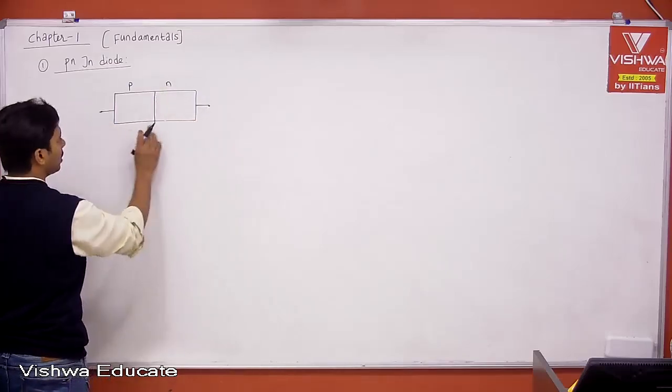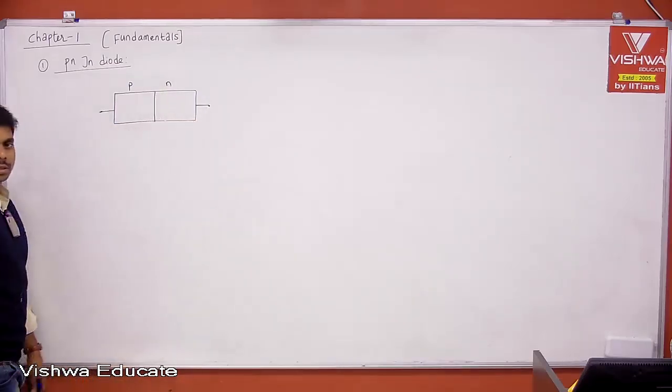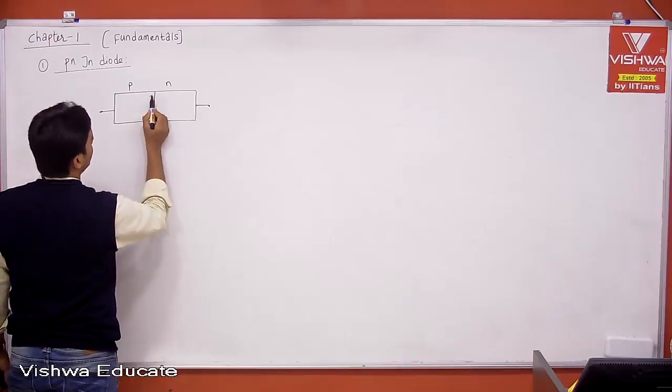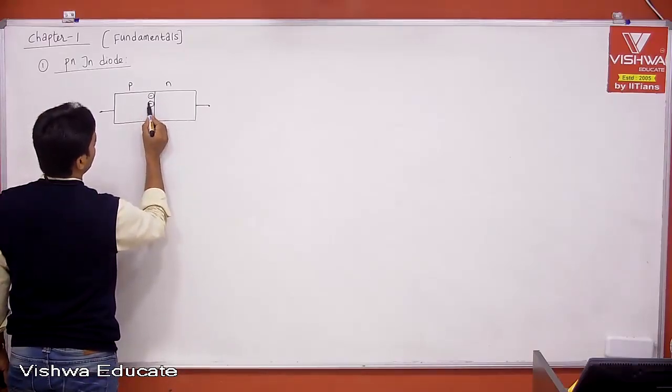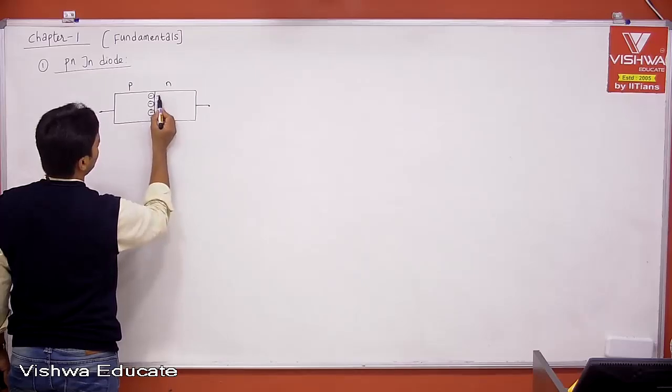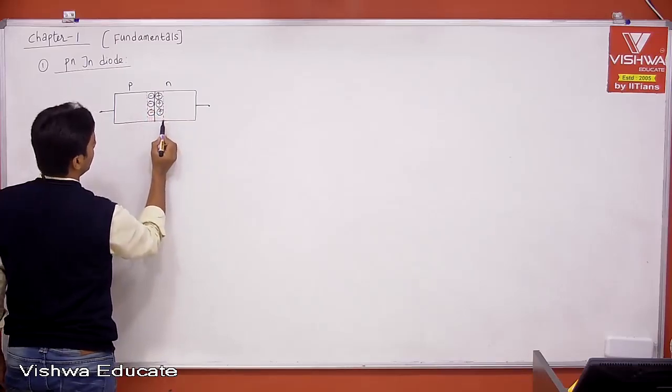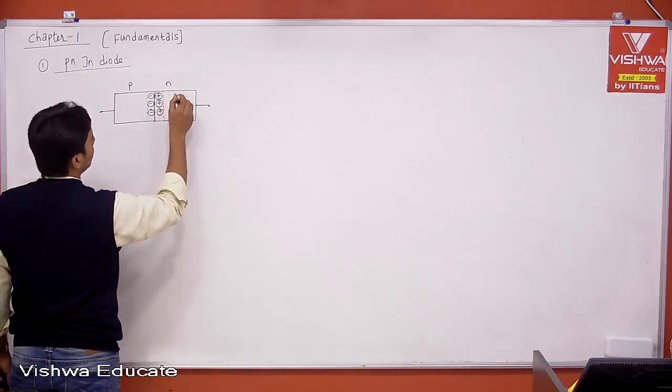I am not going into the details, I am just starting with some fundamentals. Then if you don't connect any voltage, we have a depletion region. I am just taking a few impurity atoms. This is your depletion region, let us say. Then we have electrons.